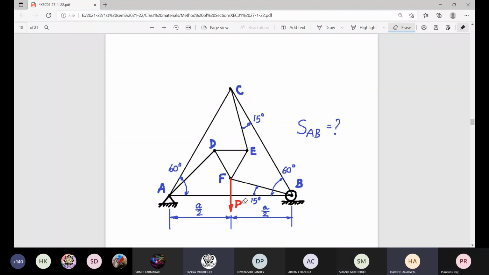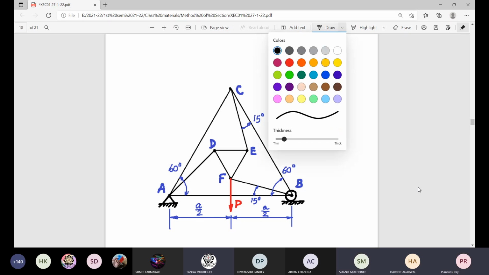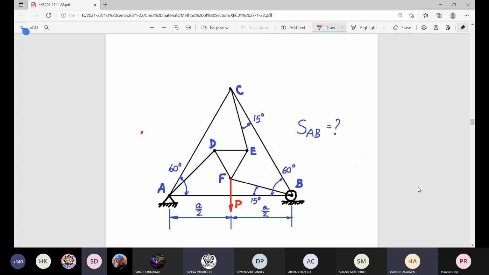Now, for this joint A or this joint B, to start with, what will be the free body diagram? The free body diagram of joint A will give you three members: one force along AB, another along the member AC, and another along the member AD.